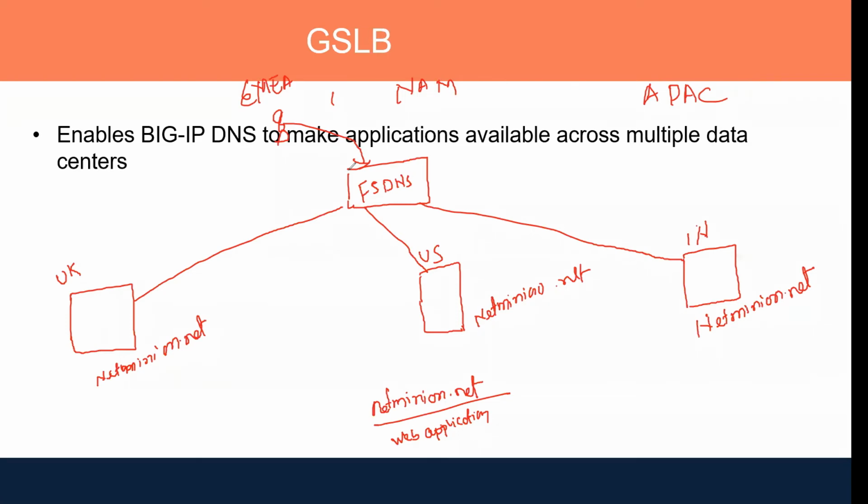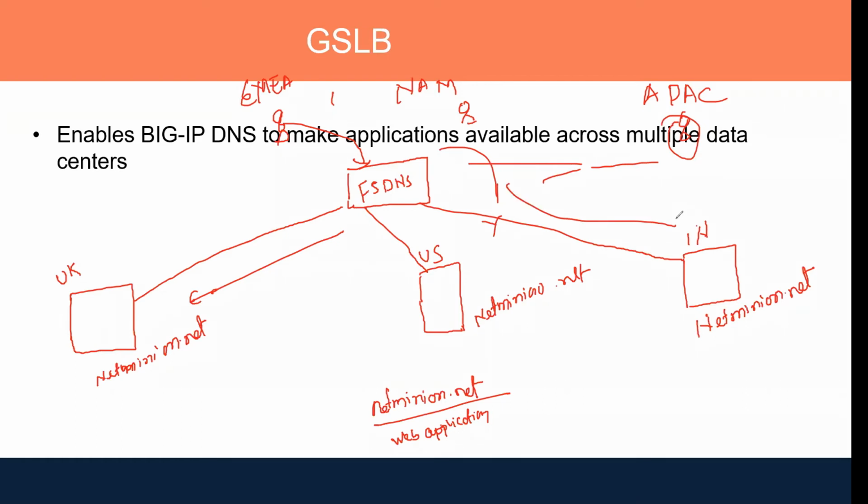When I say topology based load balancing, it would consider the region: where is that query coming from? The query is coming from EMEA, so it would go to the UK data center. When the query is coming from NAM, it would go to the NAM data center. When the query is coming from Asia Pacific, maybe Singapore or somewhere, it would go to the nearest data center.